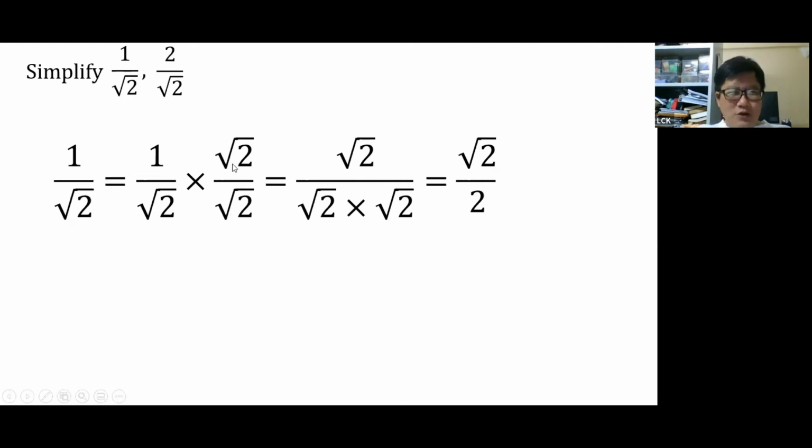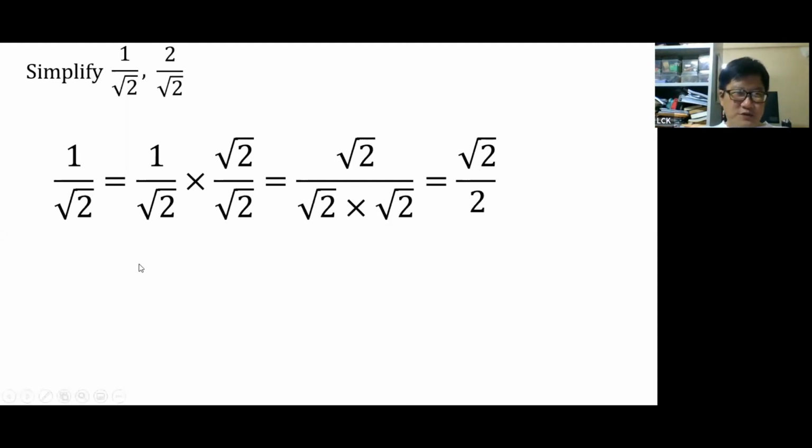So when you multiply by square root 2 over square root 2, look what magical thing happens. You have 1 times square root 2, which is square root 2. And here you have square root 2 times square root 2, which gives you a 2. And look at this. You have transformed this, which is horrible because you have a surd in the denominator, into this. The surd is at the top. So you have a square root 2 and you divide by 2. Yeah, that's understandable. That's a lot simpler.